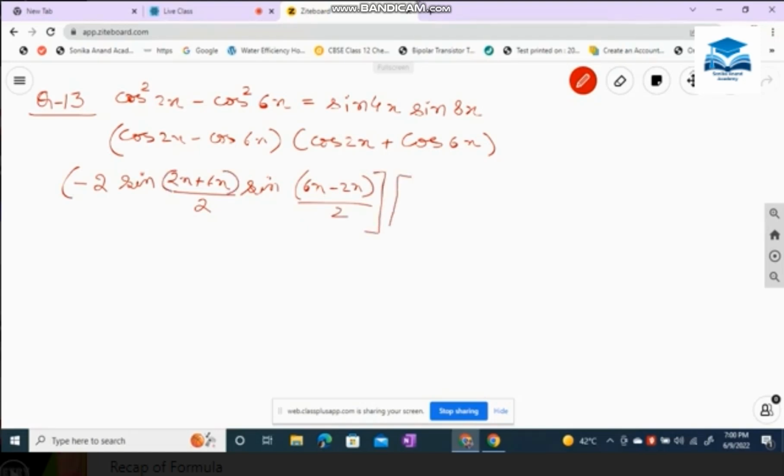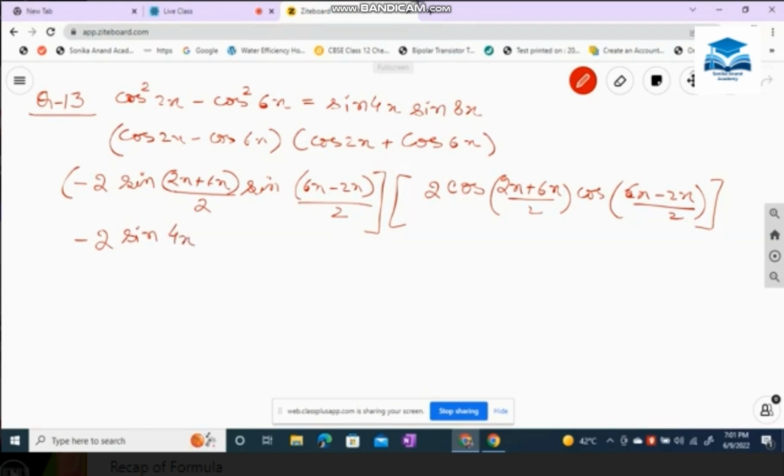And next 2 sin, cos (2x plus 6x) by 2, cos (a plus b) by 2, and cos (a minus b) by 2. That means (6x minus 2x) upon 2. I think the concept is clear because I told you the formula earlier. So we get minus 2 sin of 8x by 2, that means sin 4x. I can now write directly, sin 3x by 2.